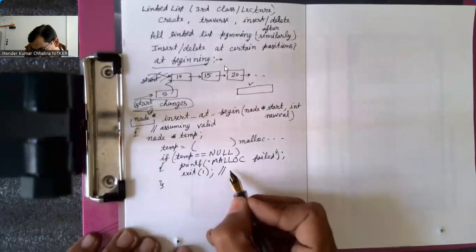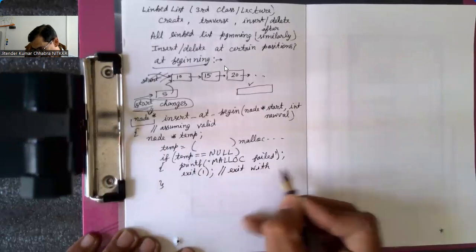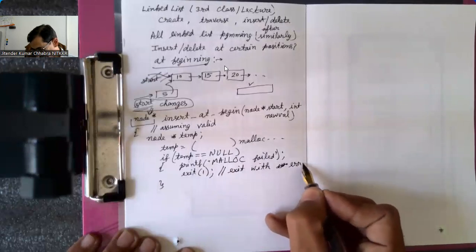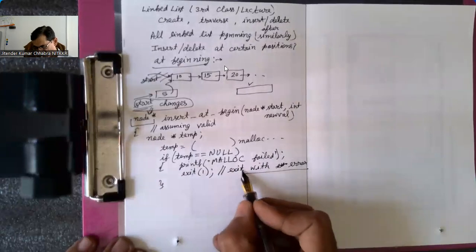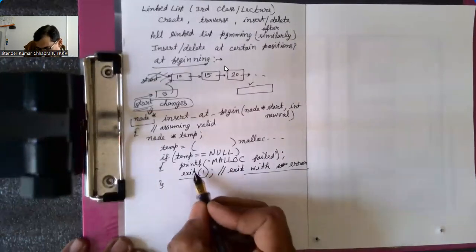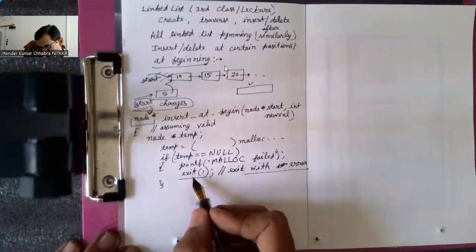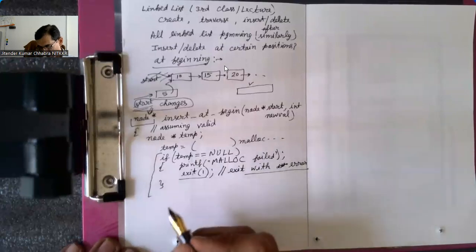And exit 1 means exit from the code with error. Exit 0 means without error, and exit 1 is a standard programming convention to exit with error. The rest, maybe I'll not discuss at present, but yes, this is one statement which will break the execution of the program, not the function. The full program will be terminated. But yes, this is optional. We might not write it every time.